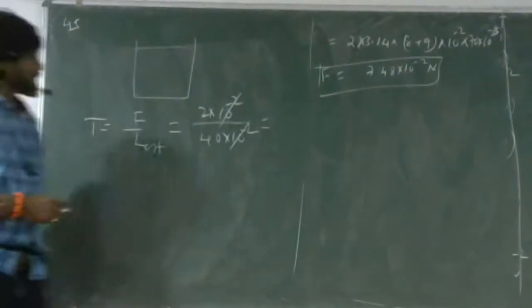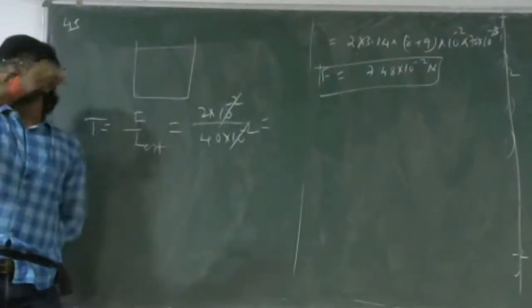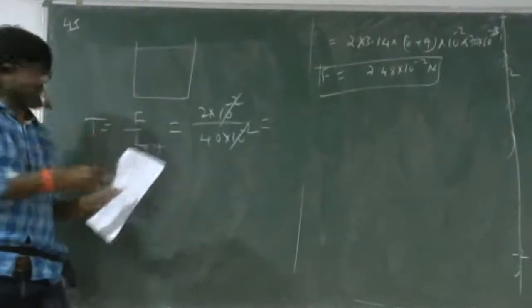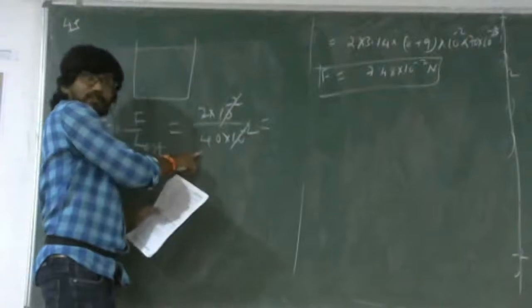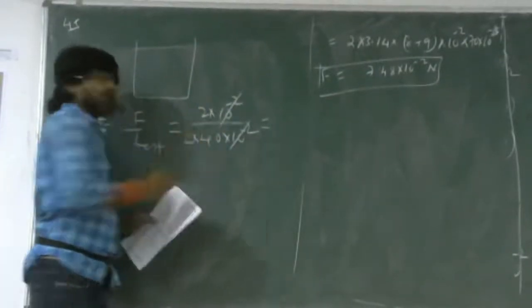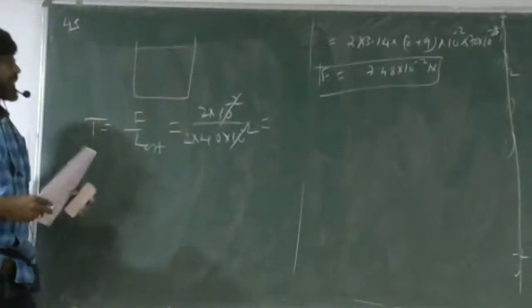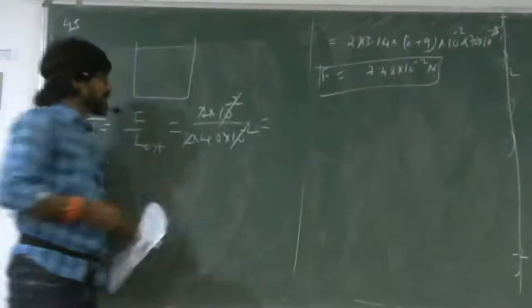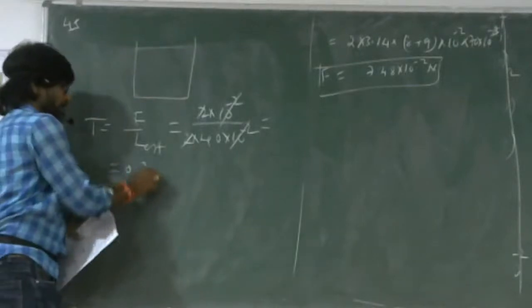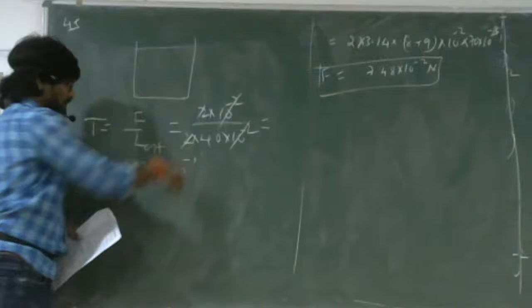Actually here, if you consider the slider, it will have 2 edges, 2 free surfaces. So for one side effective length is 40 centimeters, for the two sides 40 plus 40 you can take it as 80. So approximately you can cancel, 2 over 80 is 1/40, and 1/4 is 0.25 into 10 to the power -1.